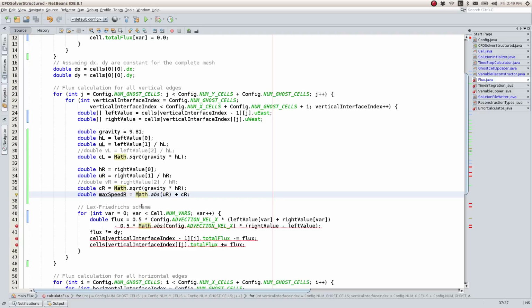Okay, so we have this thing in place, so looks fine. Similarly, we will have max speed L.